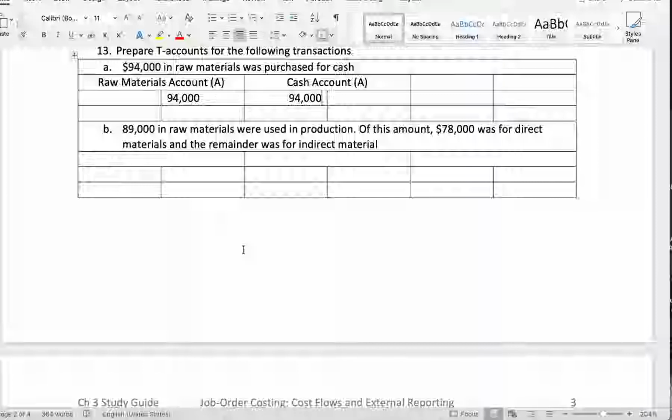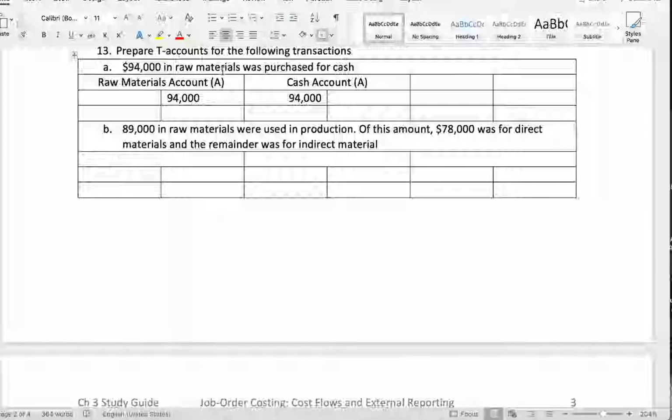The indirect costs flow to the manufacturing overhead. So the first thing we're going to do is we're going to say, okay, we need to get $78,000 of material out of raw materials, right? It's leaving raw materials, it's going to another account, okay? In your mind, think about it this way.